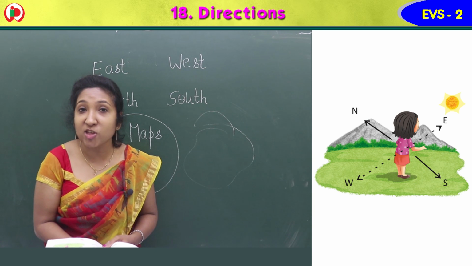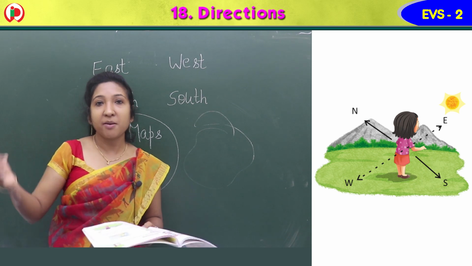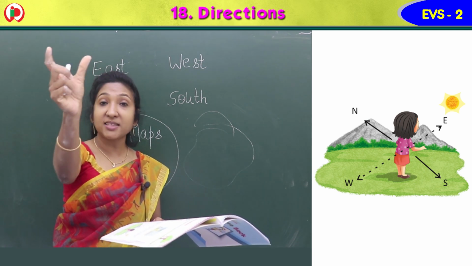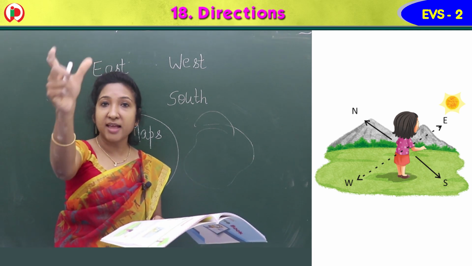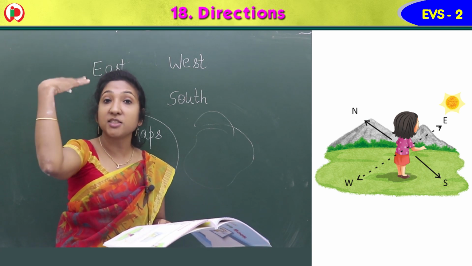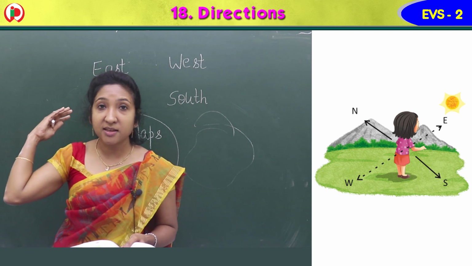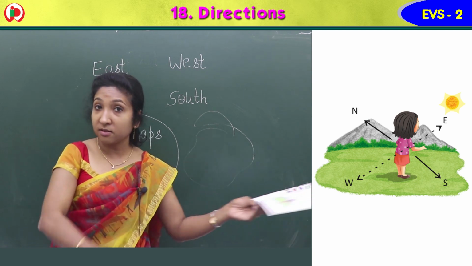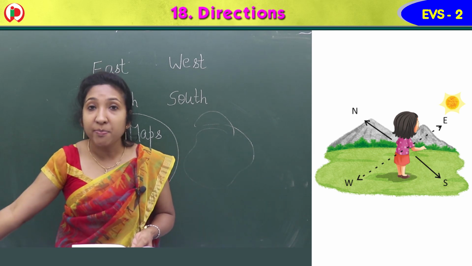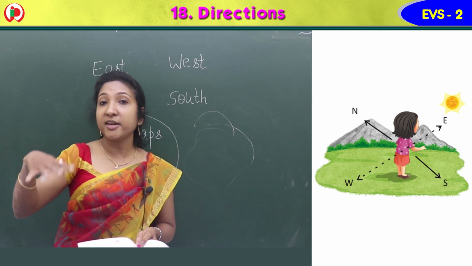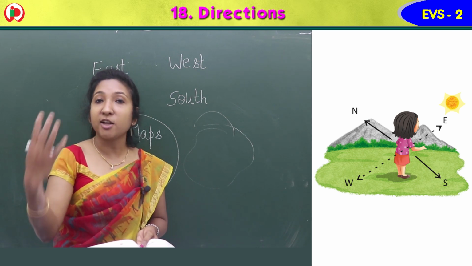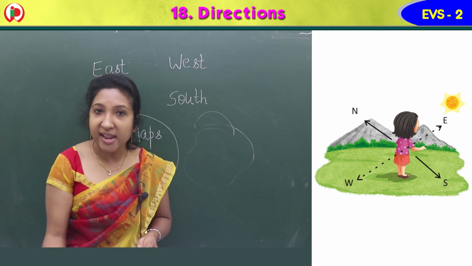You can tell your parents, mummy or daddy, where I am facing the rising sun, this direction is east, and behind me it is west, left is north and right is south. You can tell them these are the directions. Stand in front of the rising sun, locate the directions and tell your parents.